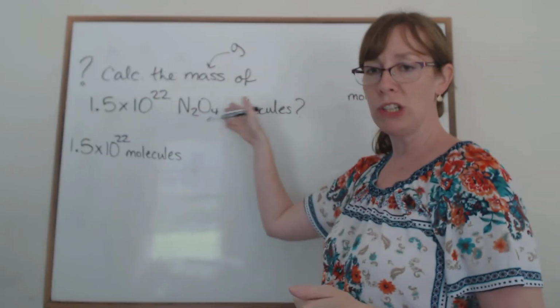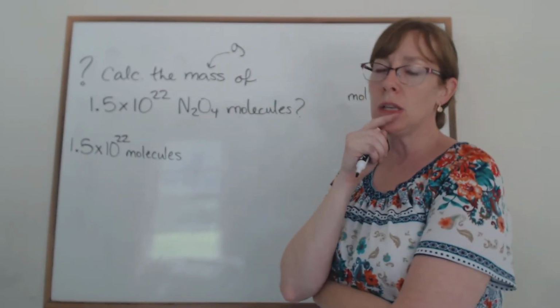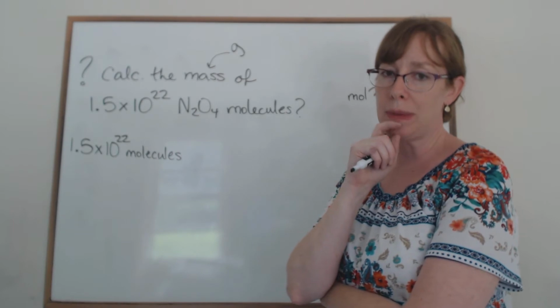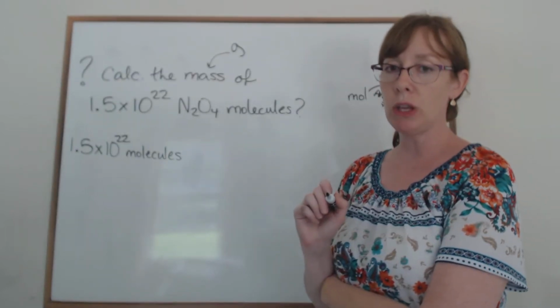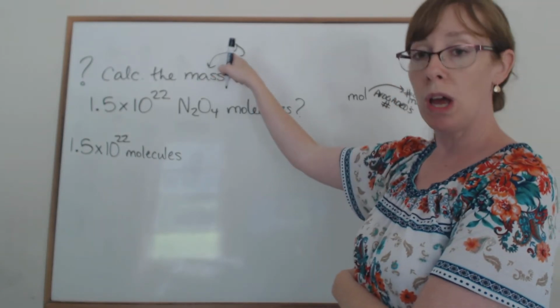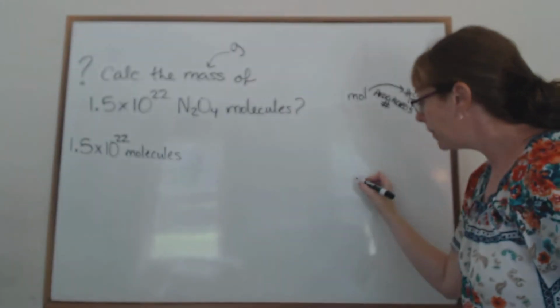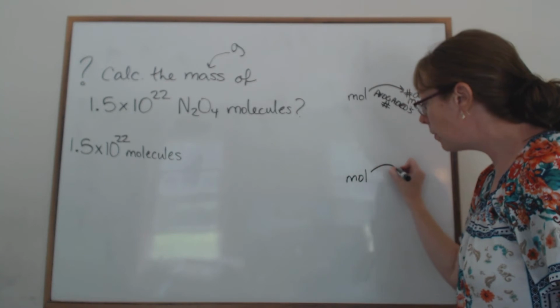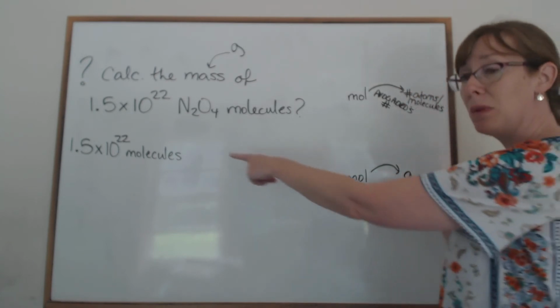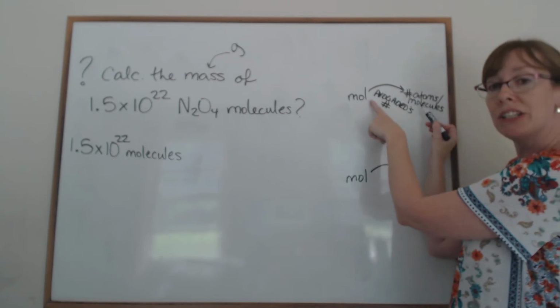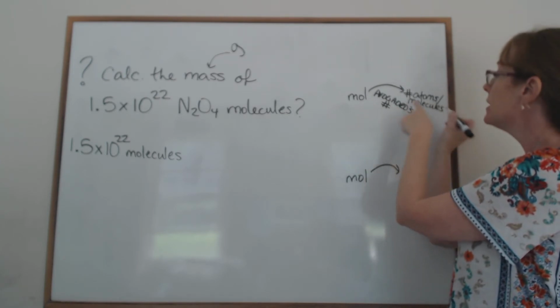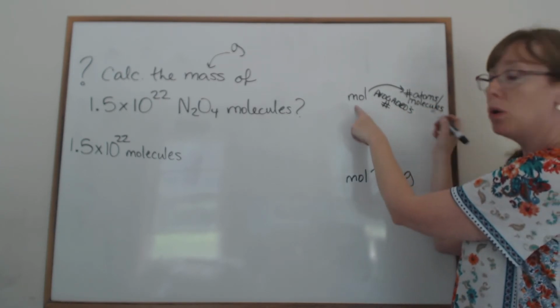But this whole question is about that type of molecule, so I don't need to waste paper and write it. So I've got 1.5 times 10 to the 22nd molecules. I'm trying to convert it to grams. So I am going to end up having to do a mole to gram conversion, but I'm not in moles yet. I'm in molecules. So really what I need to do first is take it from molecules to moles.